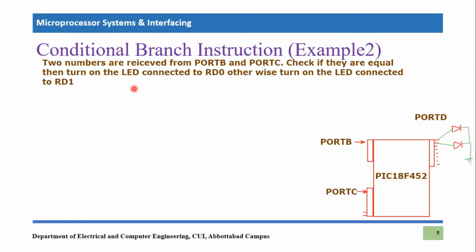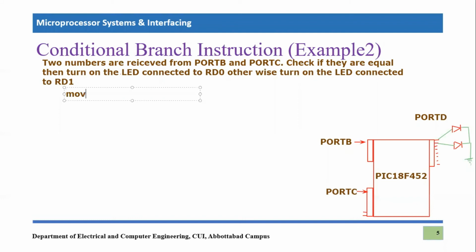So what are the things that we know? These two LEDs are connected to port D. So port D will serve as the output port, while port B and port C will serve as input ports. Let's define our output port first.